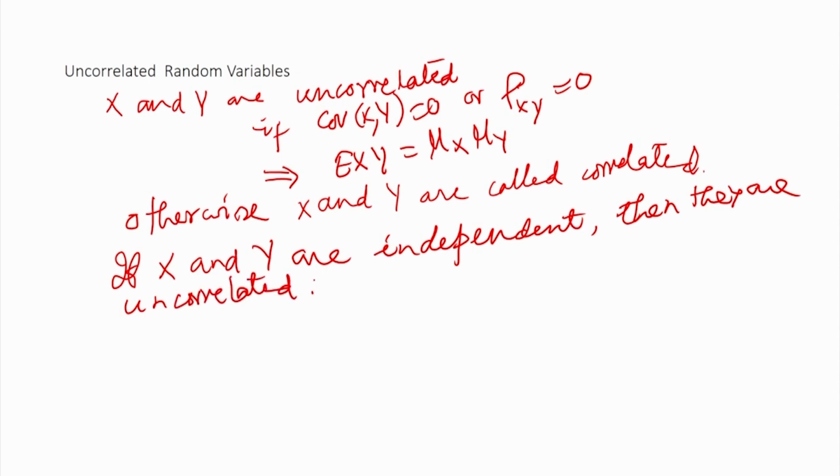But the converse is not generally true. So, independent random variables are always uncorrelated, but uncorrelated random variables need not be independent. We can consider this result. We know what it means for X and Y to be independent.